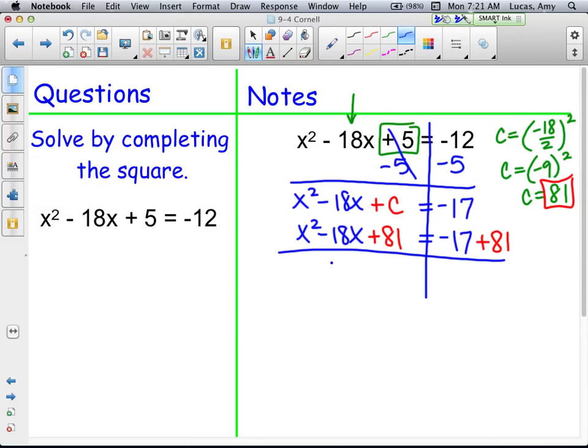My perfect square on this one would be x minus 9 squared. And then 81 minus 17 is 64. Good news, that's a perfect square.